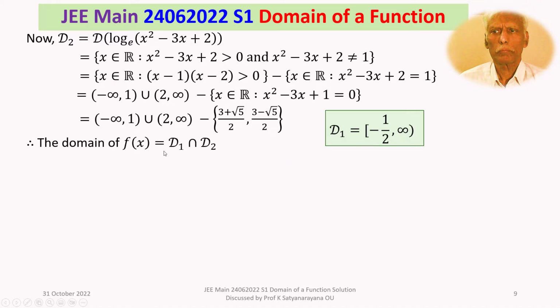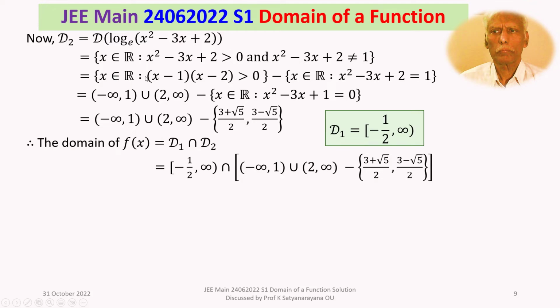The domain of f(x) is D1 intersection D2, the domain of the numerator intersection the domain of the denominator. And D1 is this one, we have written here. D2 is this one, we have written here. Now take the intersection. I will show you the intersection.